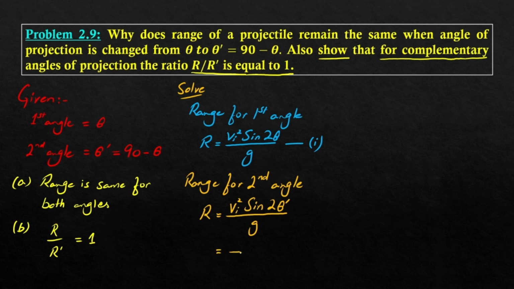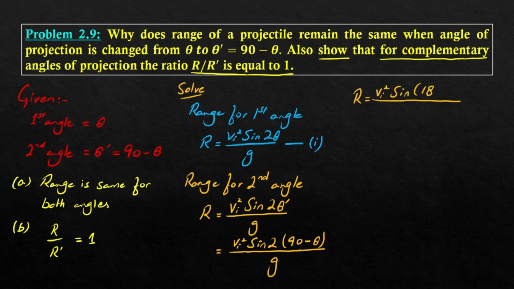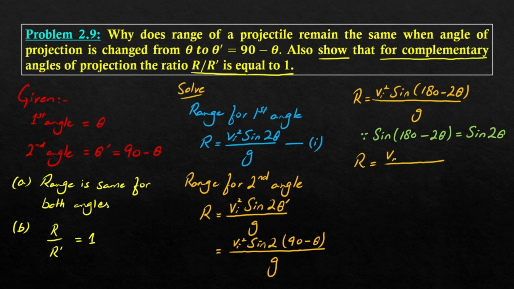By putting the value of theta prime in the above formula, we get R prime equals vi square sine of (180 minus 2 theta) divided by g. It is also known that sine of (180 minus 2 theta) equals sine 2 theta. So the above formula becomes vi square sine 2 theta divided by g, which is equation 2.